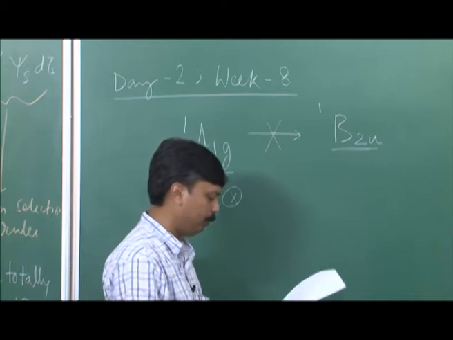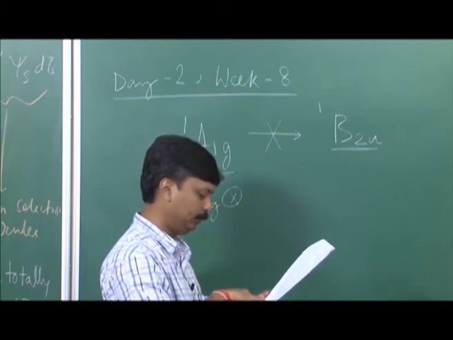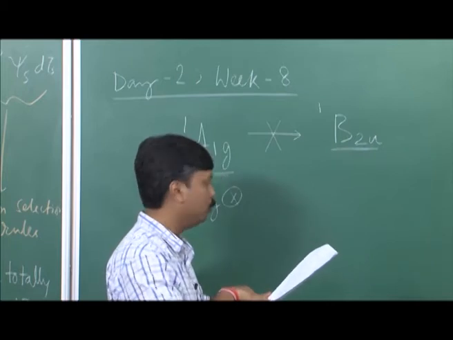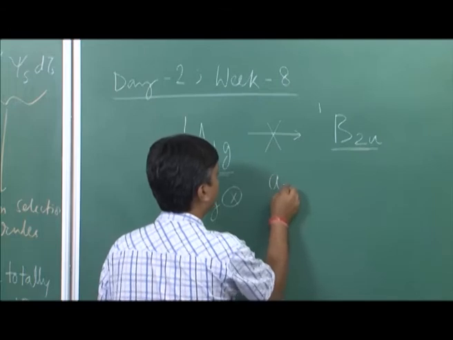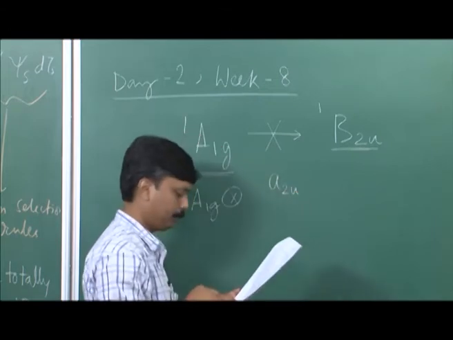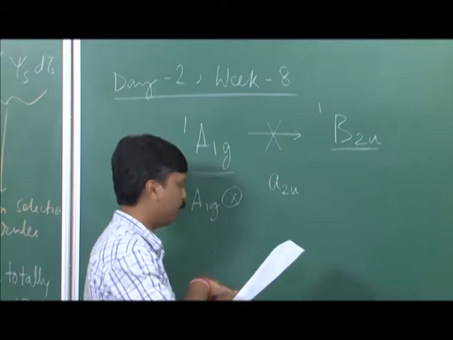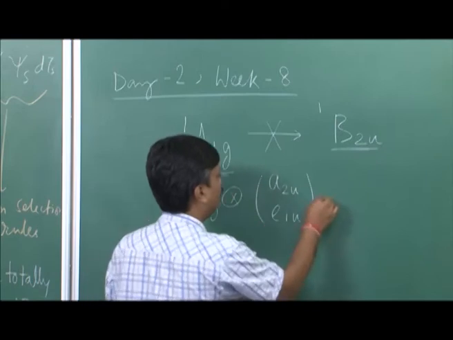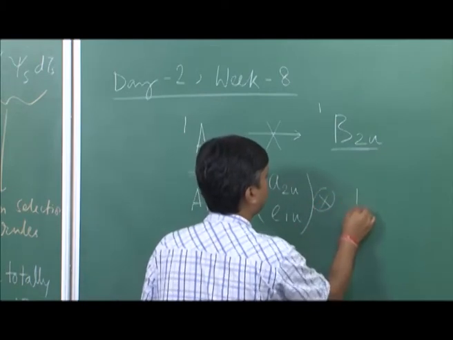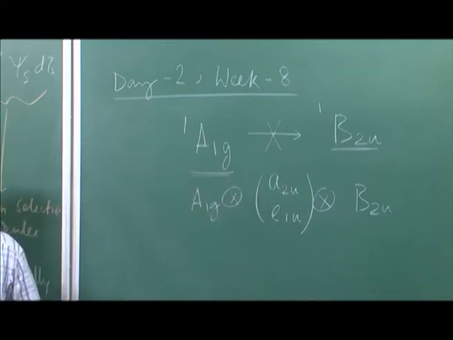If I look at that, I see that z forms the basis for A2u and x and y form the basis of E1u. Then I have to explicitly do the direct product.